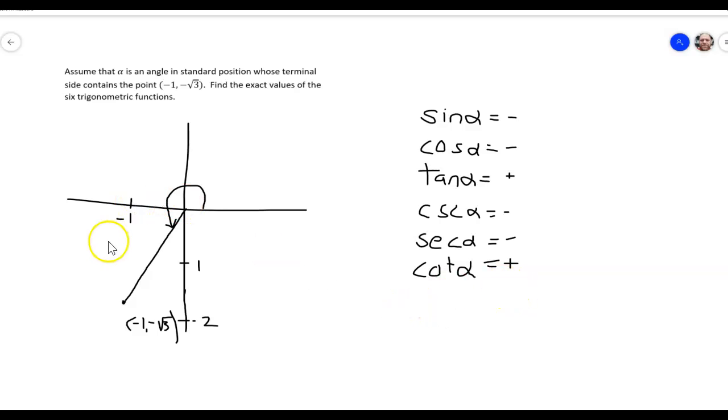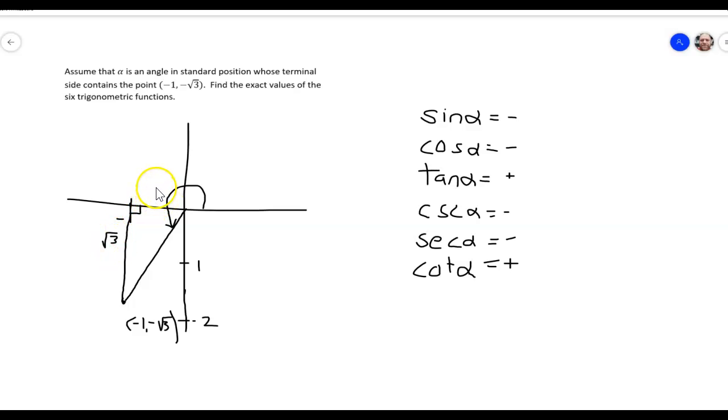Next, I'm going to form my right triangle along the closest x-axis, which happens to be the negative x-axis. With that right triangle, this side is going to be length √3.